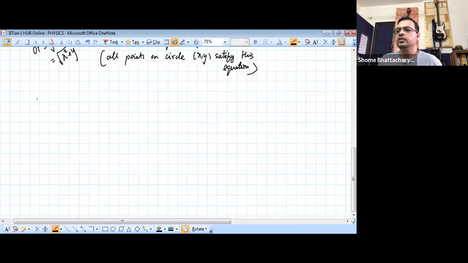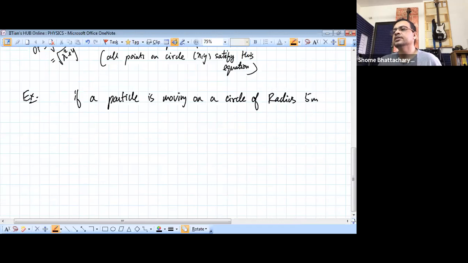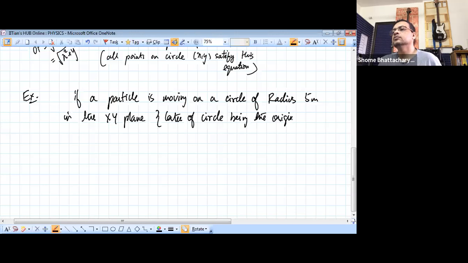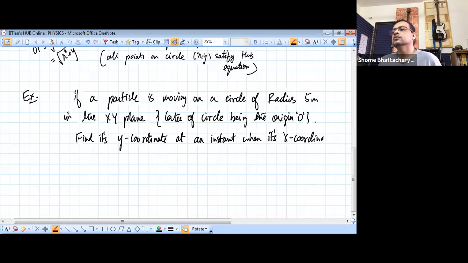So for example, if a particle is moving on a circle of radius 5 meters, in the xy plane, the center of the circle being the origin, then find its y coordinate at an instant when its x coordinate equals plus 3 meters.